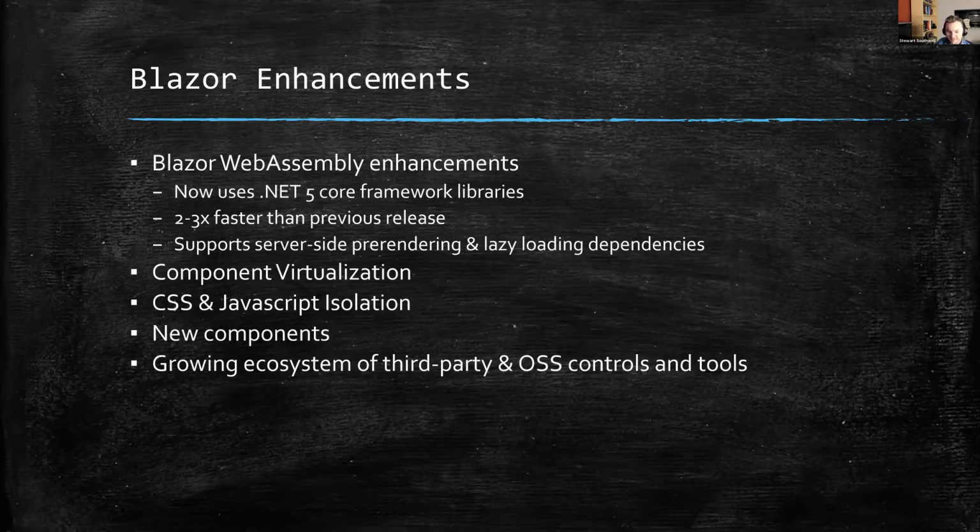This is something that will localize your styles or your JavaScript to the particular component that you're working with. And then, as I mentioned, there's a lot of new components. And you also have the large ecosystem of third-party and OSS controls and tools like Infragistics, DevExpress, Telerik. They all have pretty big control suites for Blazor.